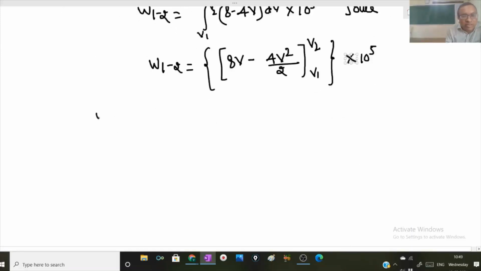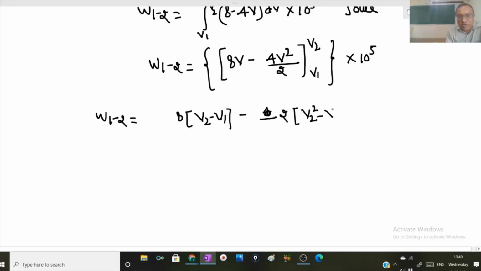Now simplify this. W1 to 2. After putting the limit values of initial and final values, that is limits, this will be 8 into V2 minus V1 minus 4 by 2 is nothing but 2 into V2 square minus V1 square, entire term multiplied by 10 to power 5.